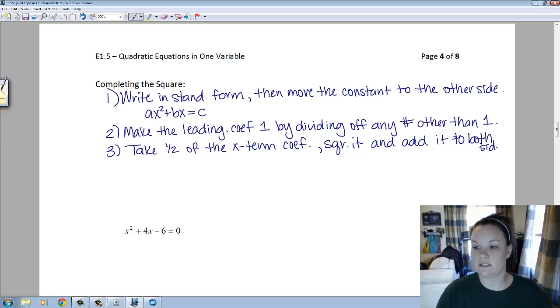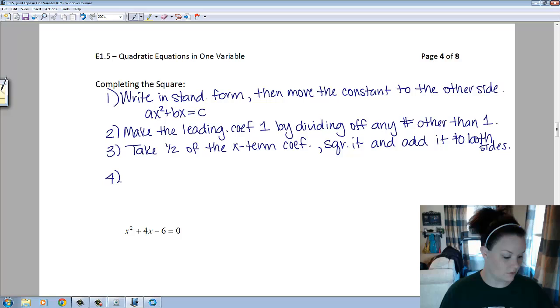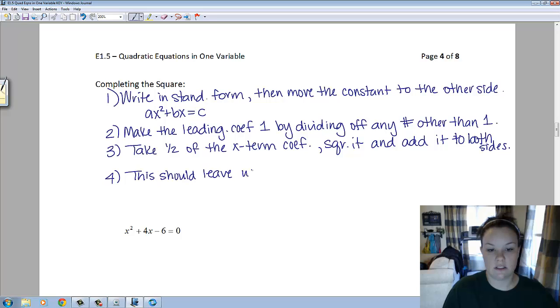So then our fourth step is now we should be able to go ahead and factor one side. I'm going to say this should leave us with a perfect square trinomial.